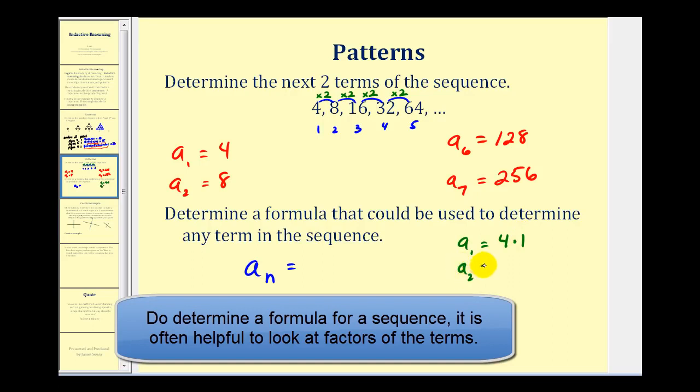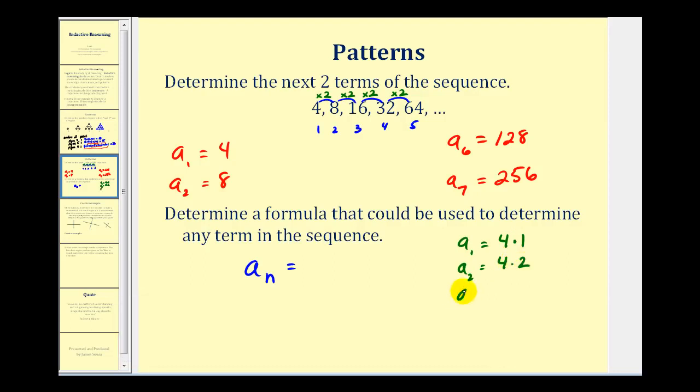A sub 2 is 8, but we could write 8 as 4 times 2. A sub 3 is 16, but we could write 16 as 4 times 4. Let's go ahead and list one more. A sub 4 would be 32. We could write 32 as 4 times 8.